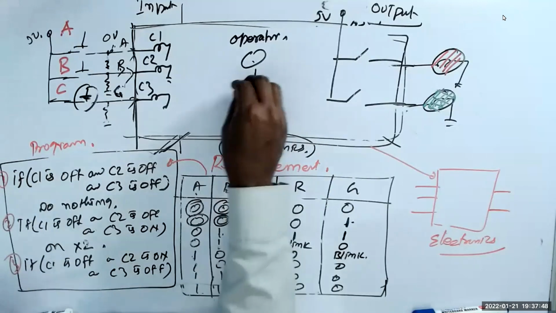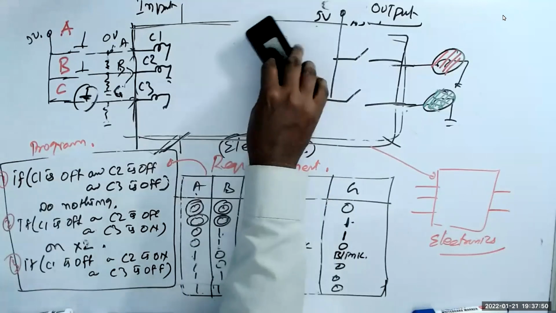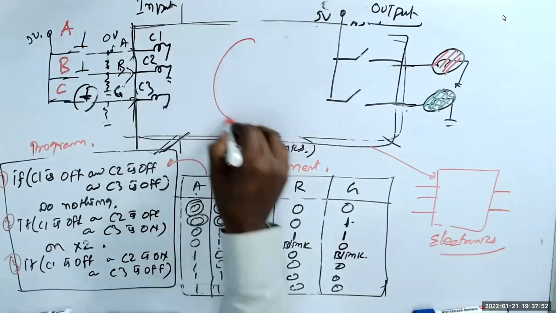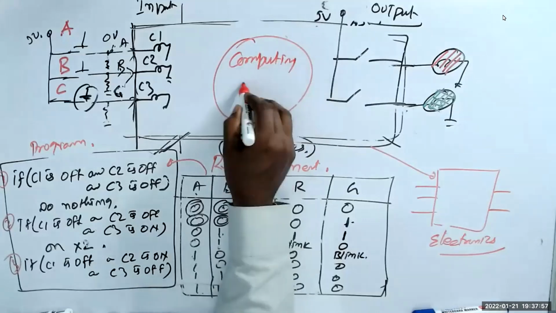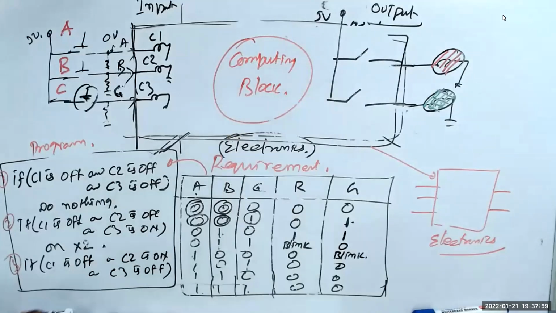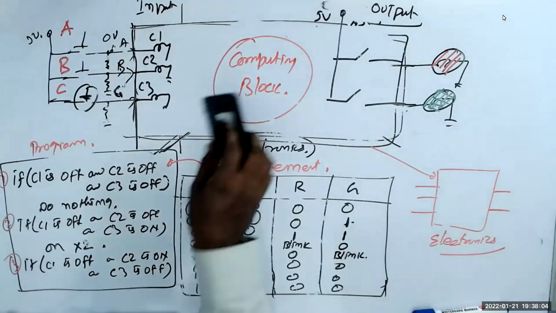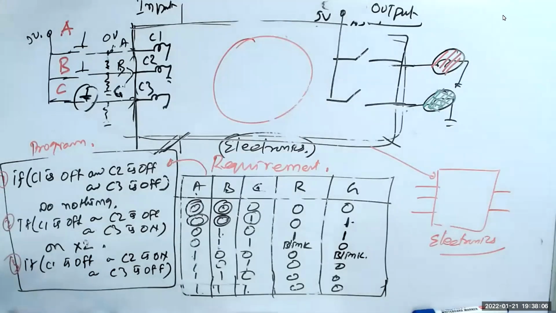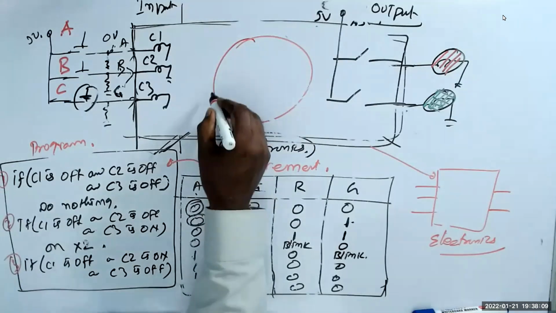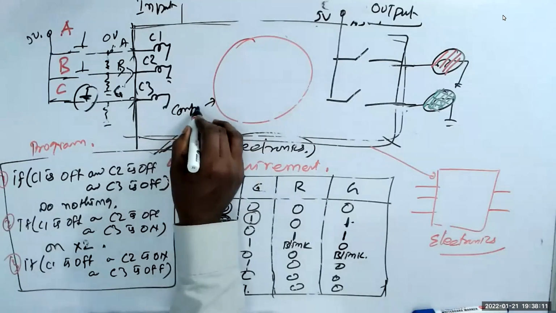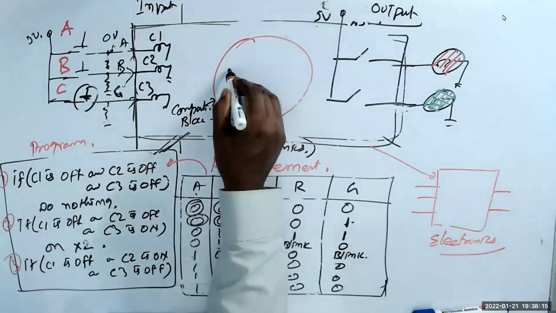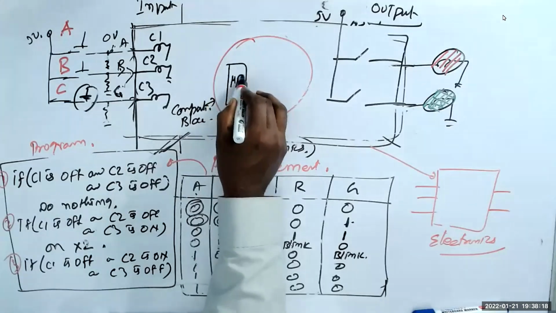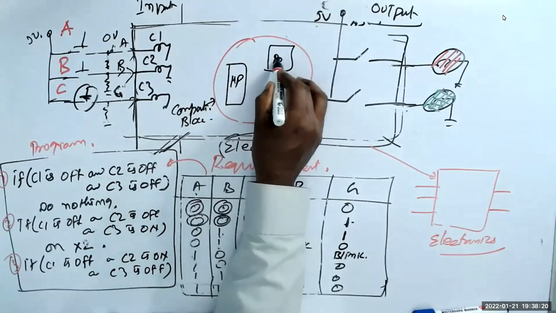This operator I told you is called the computing block. What is the computing block? It is nothing but one microprocessor, a ROM, and a RAM.